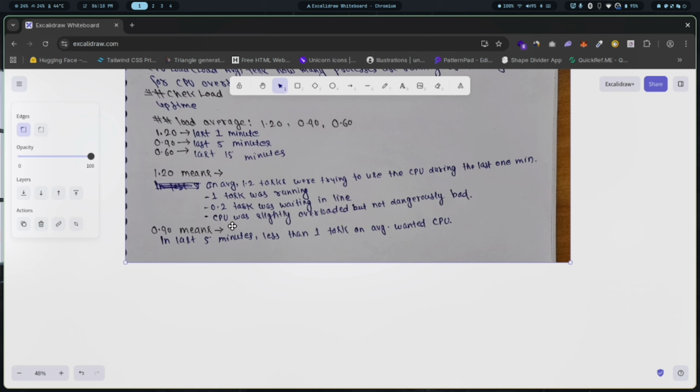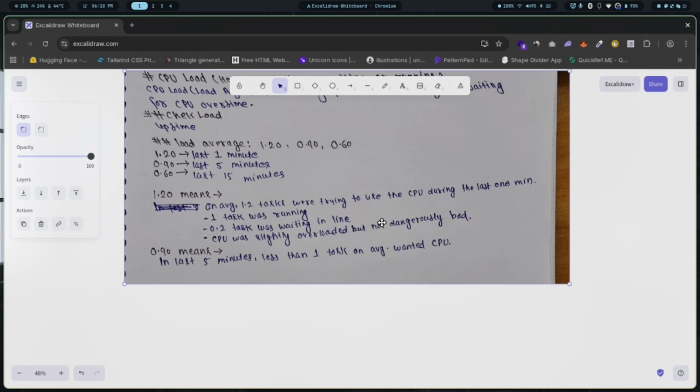So in this case, when more than one process is trying to use the CPU and a few processes are waiting to execute, it is slightly overloaded but not dangerously bad. Means it is good but not dangerously bad.